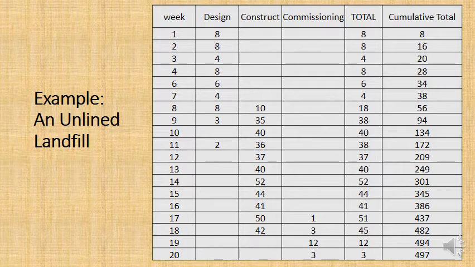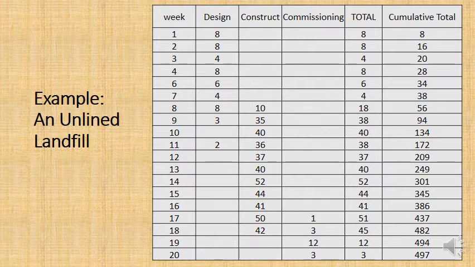Week 8, we're spending $8,000 on design work and $10,000 on construction. We're beginning the construction phase. And so you can see there's a little bit of an overlap there. We're not beginning the construction after we finish the design. We can have a small amount of overlap. And then we have commissioning.